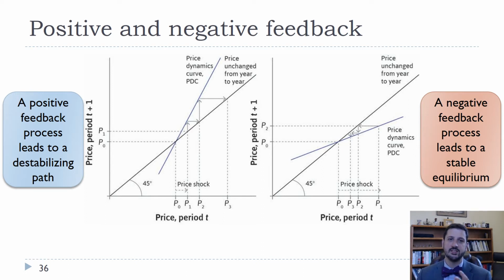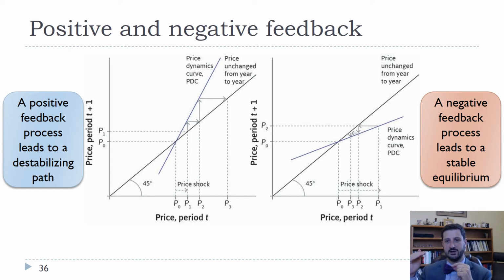And obviously that is unstable, right? And so eventually it's going to fall. And when it does, it's often going to fall very quickly, depending on the asset. Housing prices fall less quickly than, say, stock prices, but it's going to fall. Whereas if we have a negative feedback loop like we have on the right-hand side, then an increase in the price actually leads to a decrease in the price the next period because people think, oh, that's too expensive.